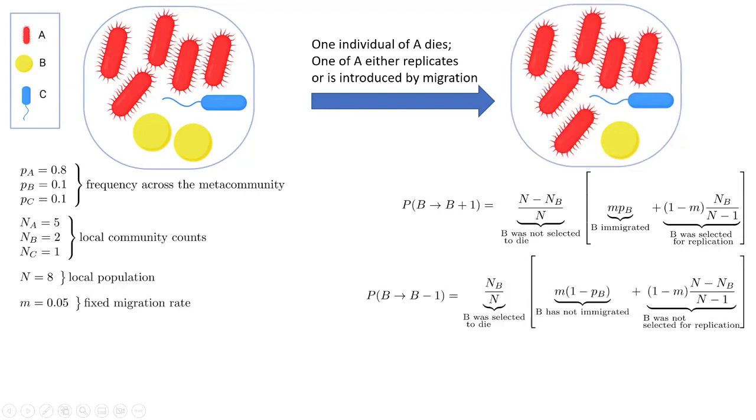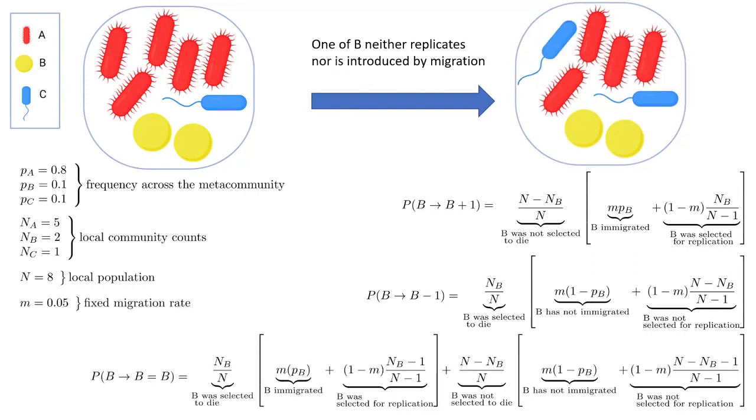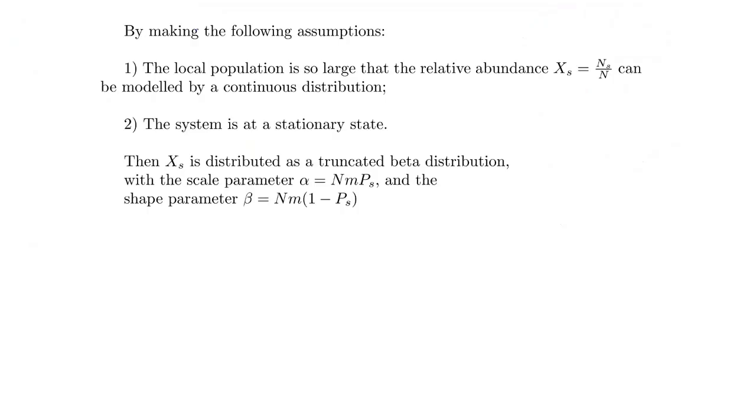You could go to B minus 1 and be replaced by some other individual in the community, or it could stay the same. So you have these three possibilities, and described here is the probability for each.